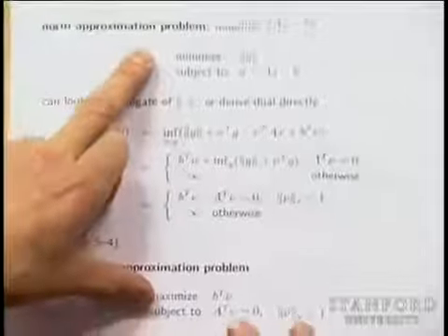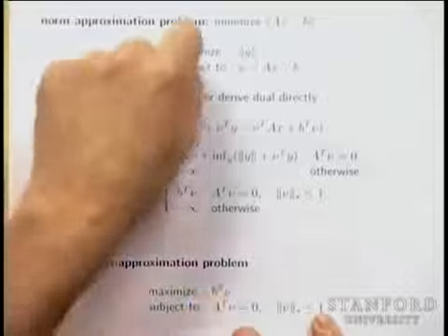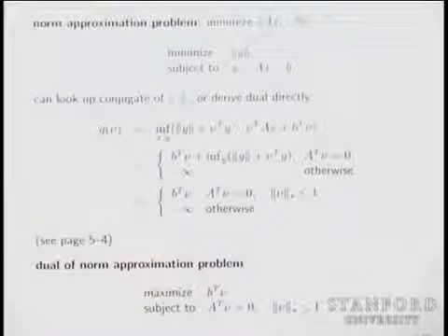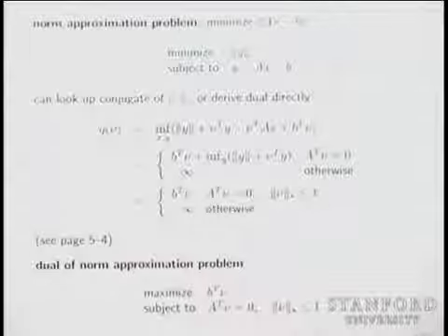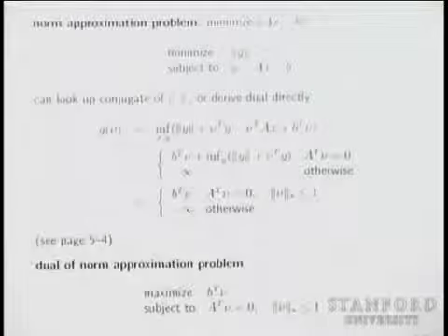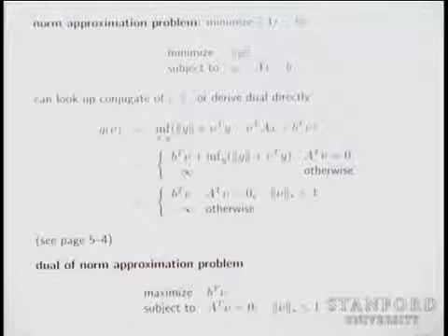So, in other words, there is no issue. This problem and this problem have the same optimal value. Why? Convex and Slater holds? Yeah, Slater holds trivially. Slater says that for the inequality constraints, there must be a point that satisfies them strictly.